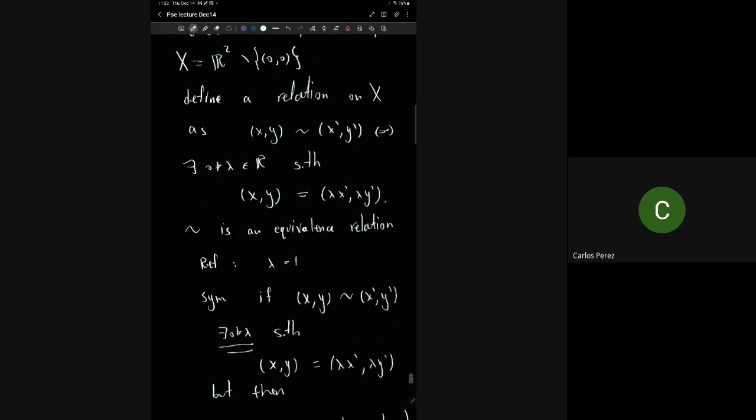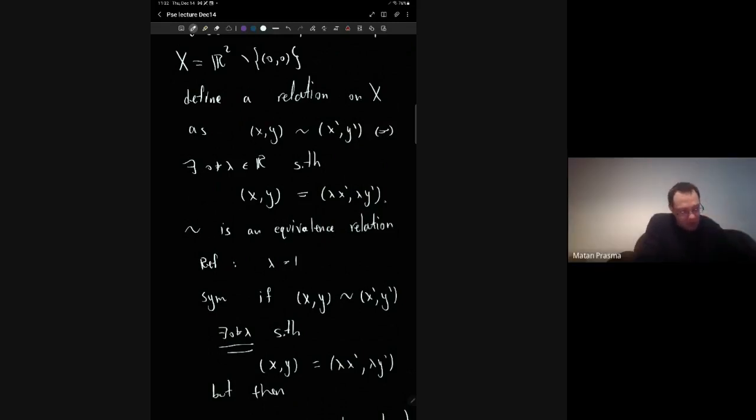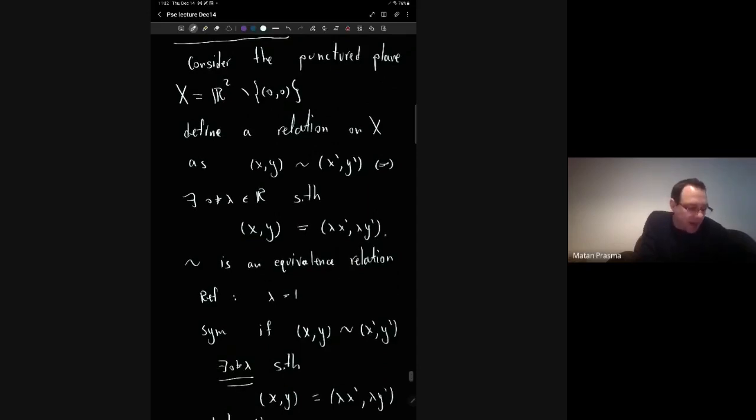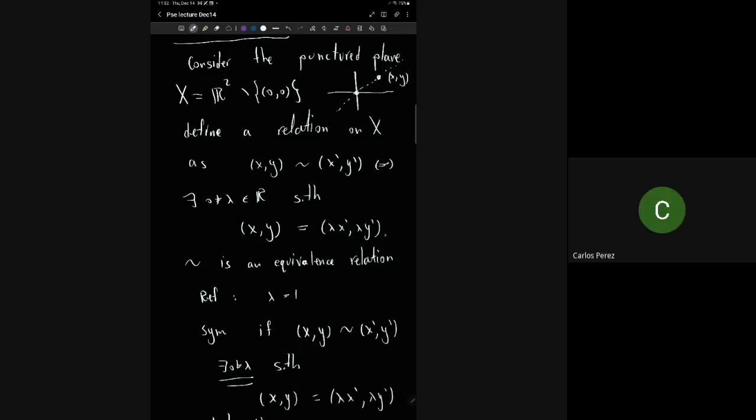My fault. Okay, so by design, I only declare 2 points equivalent so you can picture it geometrically. I will soon elaborate, but you take a point here, xy, and it is equivalent to all the points that sit on the line that passes between this point and the origin. Yeah, that makes sense.